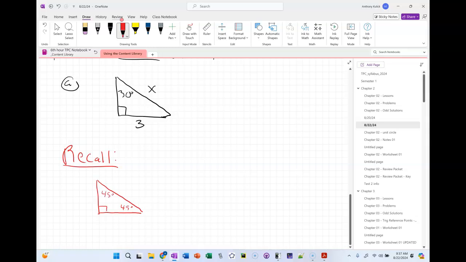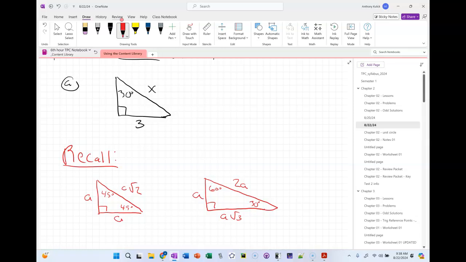You had the 45, 45, 90 triangle, and the 30, 60, 90 triangle. Does that look familiar? These two will come up quite a bit here as we build out some of our trigonometry tools. So it's a good review here.